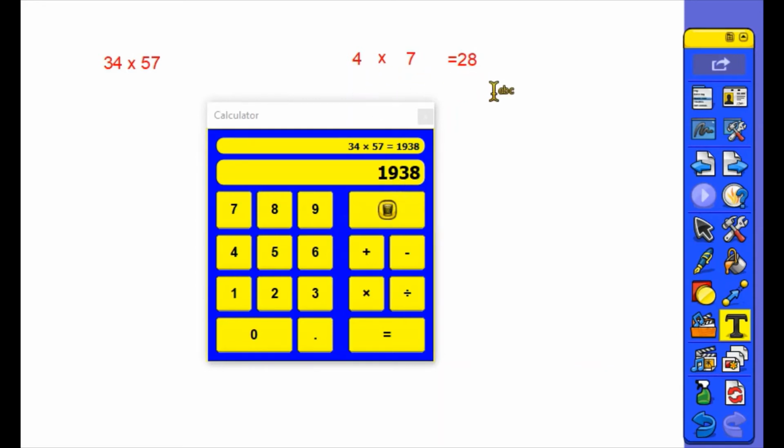What I'm trying to say is that every time you multiply together, as long as there are no decimals, when we multiply our ones column digits together and look at the ones column of that answer, that gives us the ones column of any multiplication that has those two digits in the ones column.